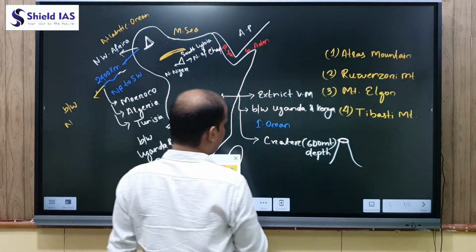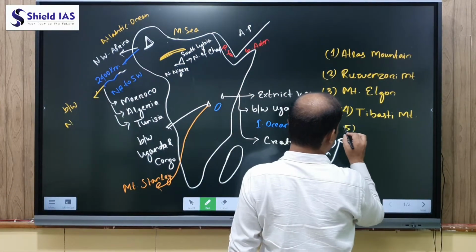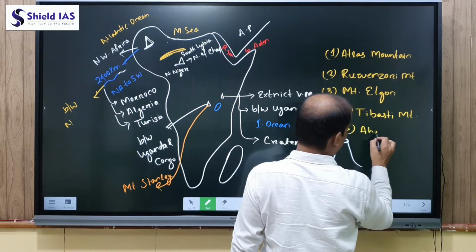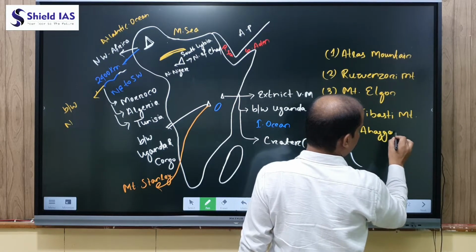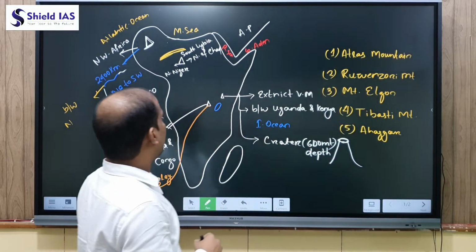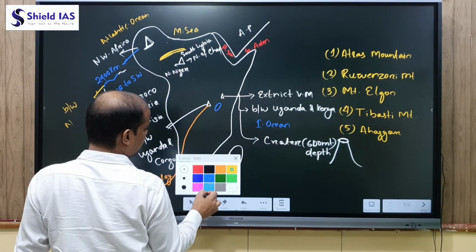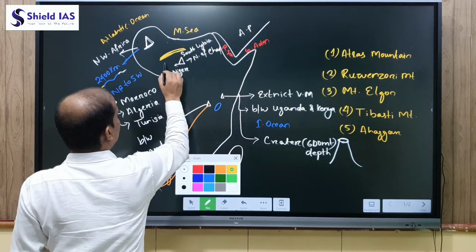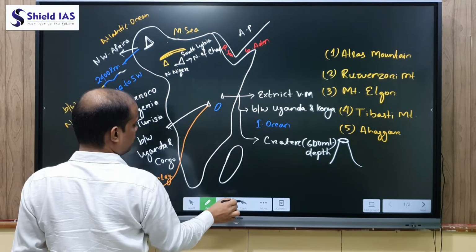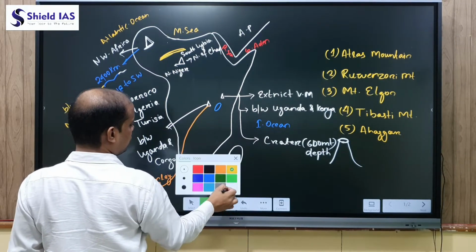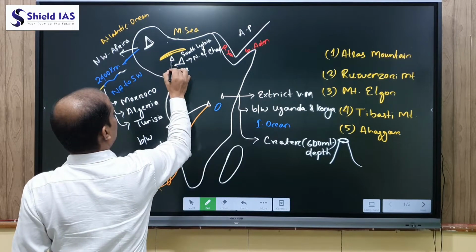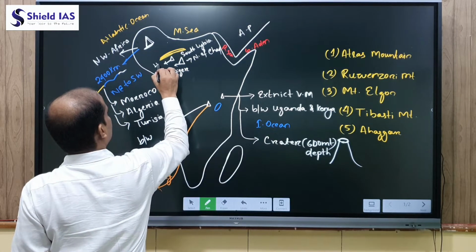After Tibesti, the next mountain is Agar mountain, and another name of Agar mountain is Hogar.